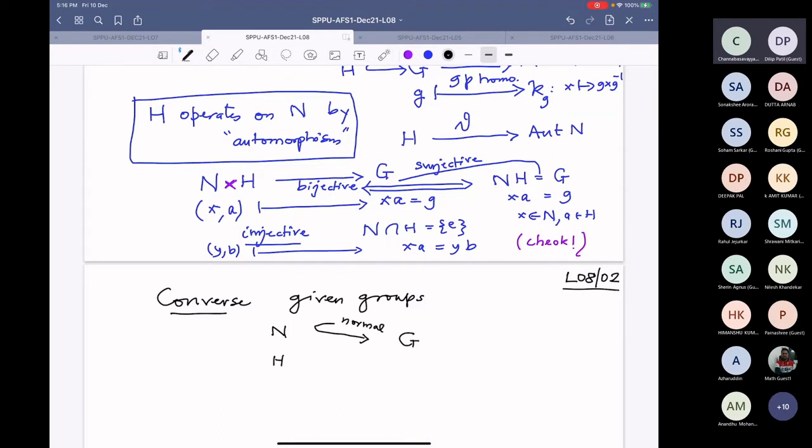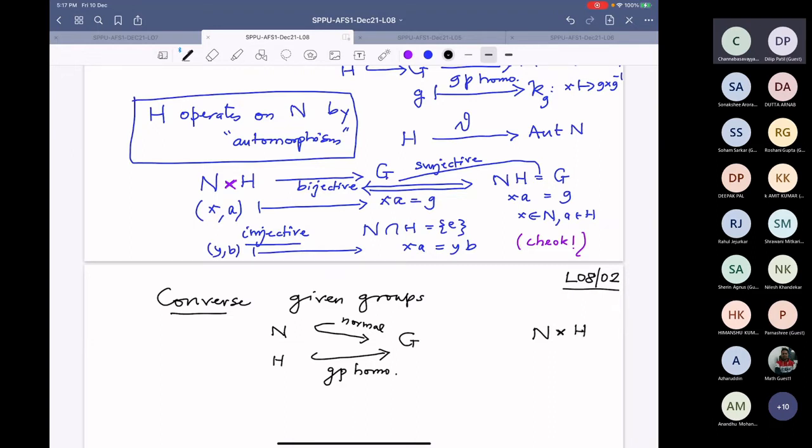That means there should be an injective homomorphism of the group N into G, so that the image is a normal subgroup, and there is an injective homomorphism of H. These are group homomorphisms. So I am going to decompose the group G in such a way that G will look like N cross H.